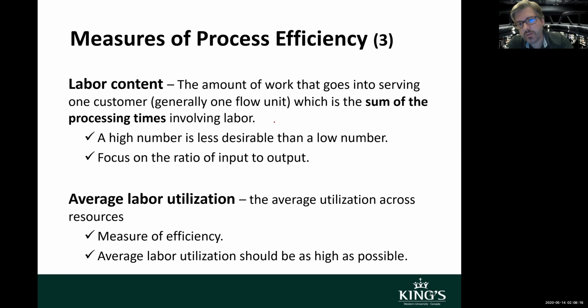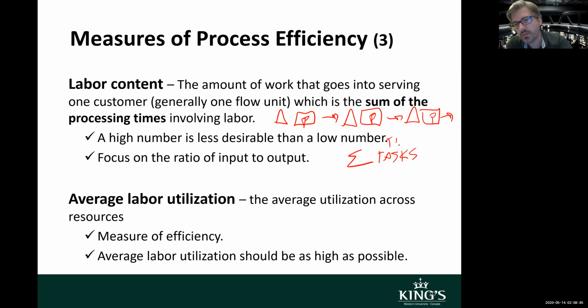So if I have a process with 2 or 3 stages, I'm summing up the processing times of all these, okay? Plus the idle times that go with them. But the idea is I need to find some kind of a sum of all the tasks, all the time taken to perform every single task to process your goods or your services.